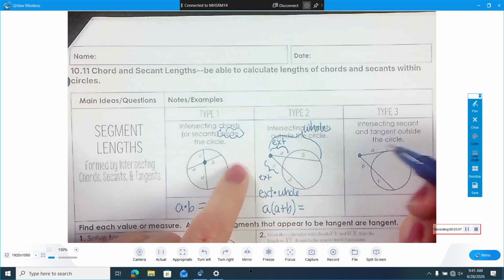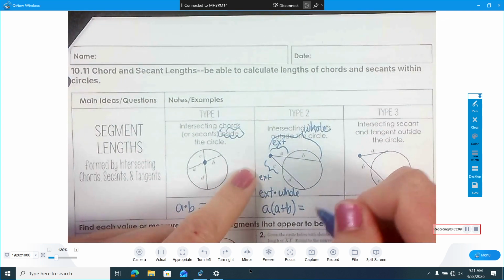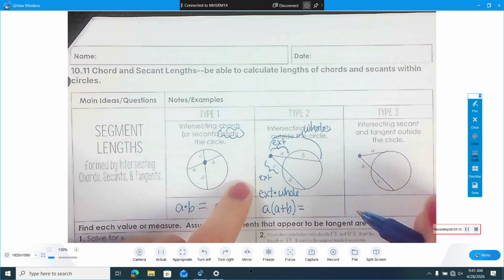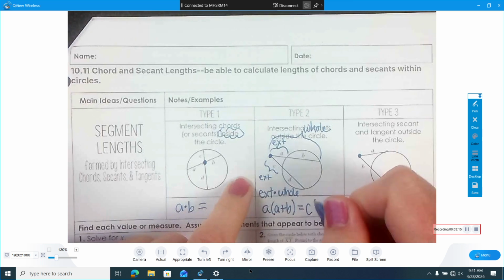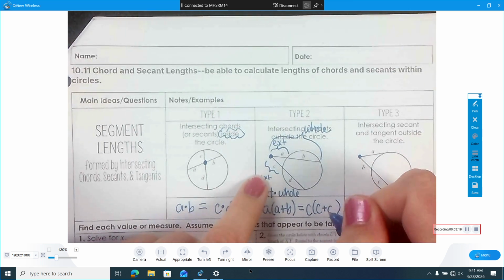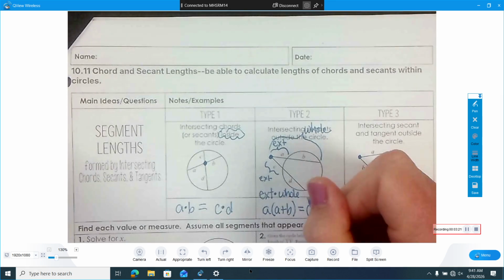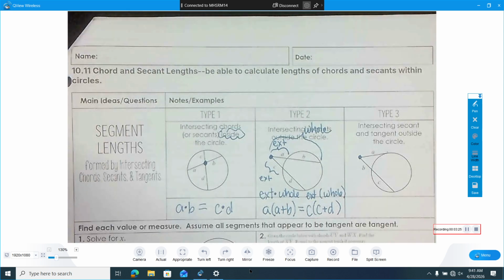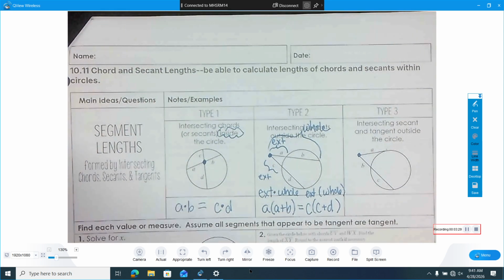What's the other exterior portion on the other secant line? C, and the whole thing is C plus D. Exterior times whole is all I think about when I set up these equations. So the product of the pieces or exterior times whole are the only things we have to think about.